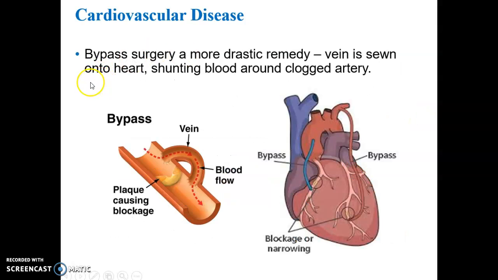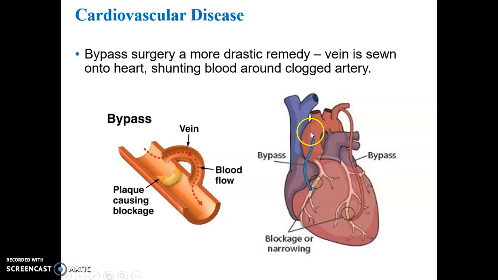So coronary bypass is another option, another solution for blocked arteries. Bypass surgery is a more drastic remedy because they have to do open chest surgery. What they do is take a vein from elsewhere in the body and sew it onto the heart to bypass the blockage.